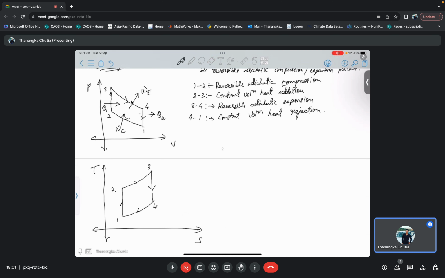Now if we want to calculate the efficiency eta, this will be nothing but W net upon Q1. What is W net? Q1 minus Q2, by Q1. So that will be equal to 1 minus Q2 by Q1. Now how can we write Q2?